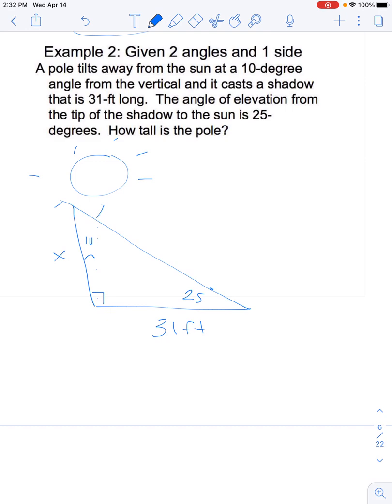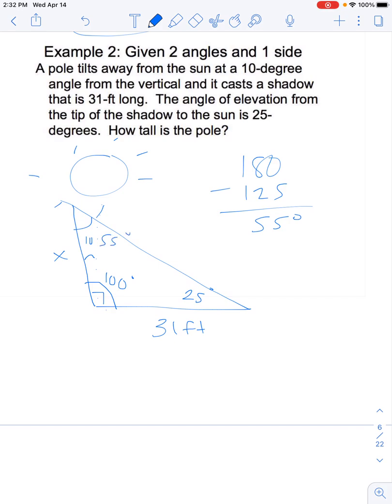So here's our picture. We can find that this angle here is actually 90 plus 10, or 100 degrees. We can find this angle because we know that in a triangle, all the angles add up to 180. So 100 plus 25 is 125, and 180 minus 125 is 55 degrees.